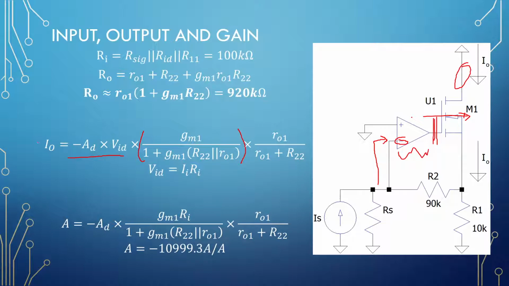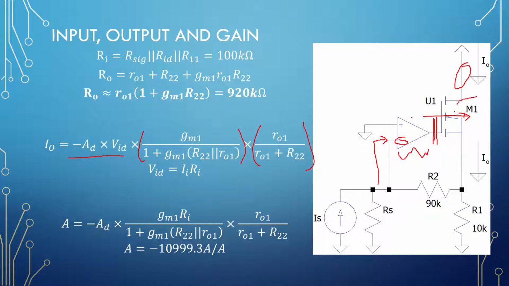And then lastly, to find the output current, we want the current flowing in these feedback resistors right here. So R22, since it will be the same flowing in a load resistor up here, we have current division.